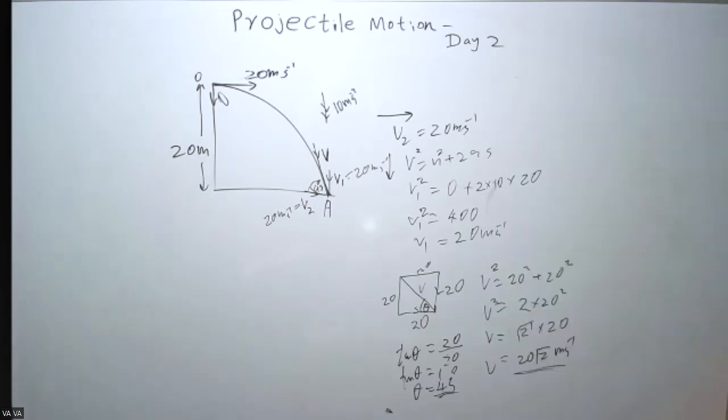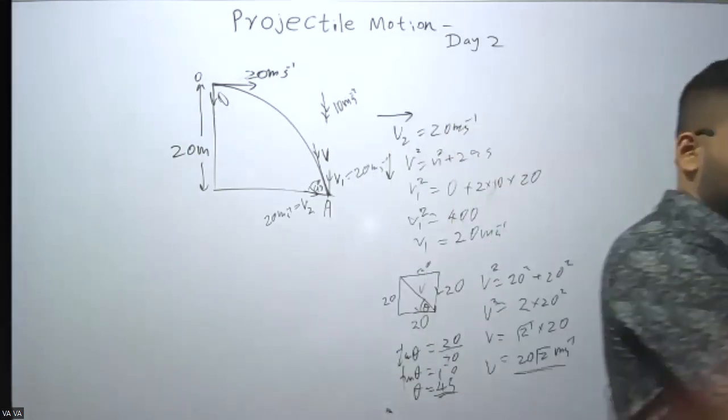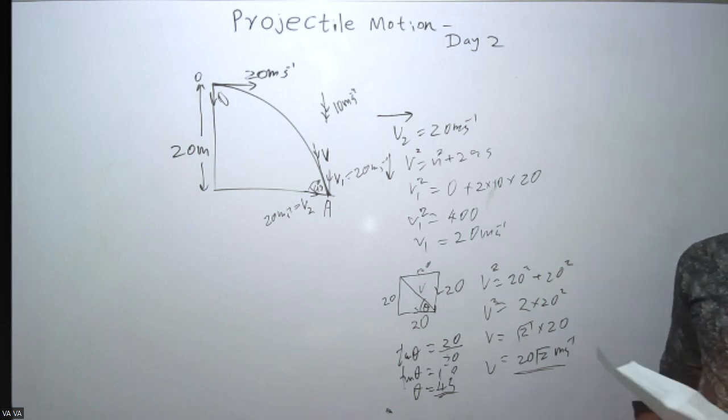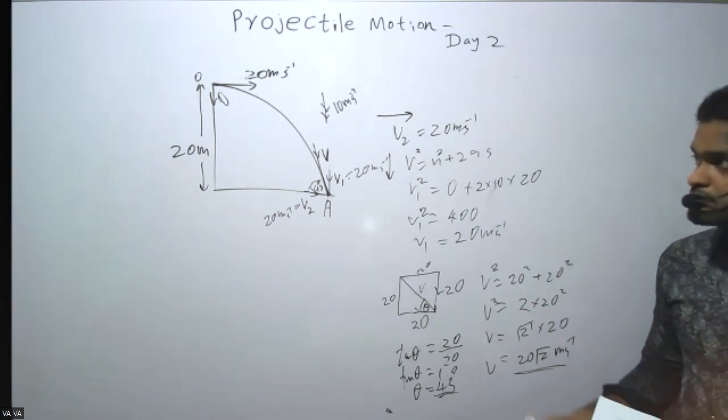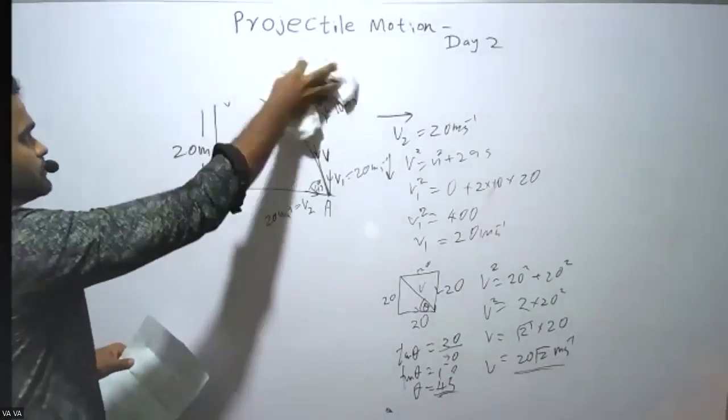So F-35, that is a fighter jet, right? You know that. You have to convert these into meters per second because the gravitational acceleration is in meters per square second. You have to convert everything into meters per second. Last week I told you how to do that easily.